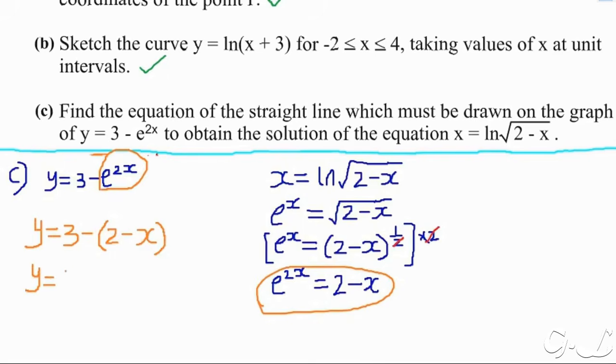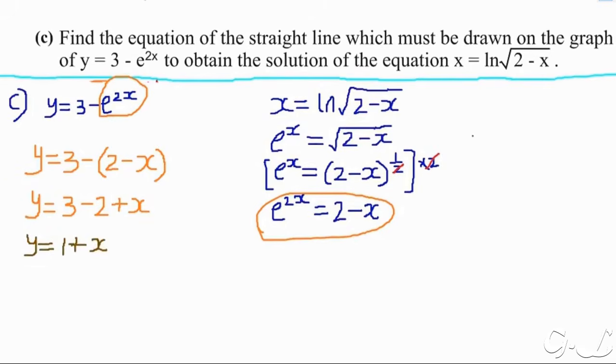When we replace it and simplify, it will be y is equal to 3 minus 2 plus x, and then when you do the calculations, y is equal to 1 plus x.